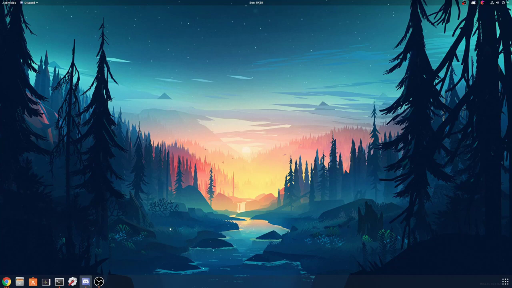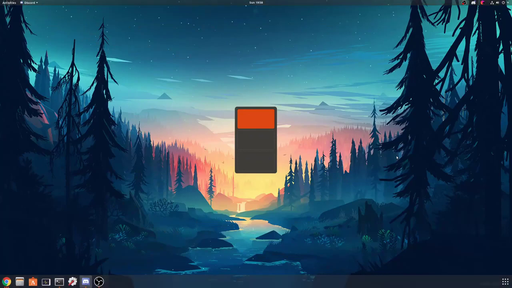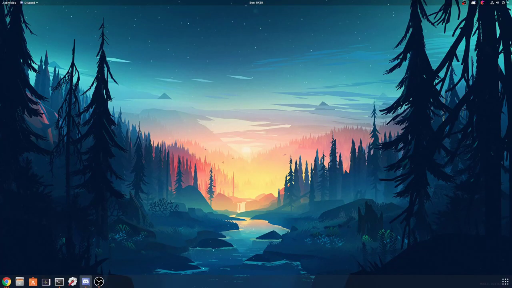On OBS, you can increase the volume of your mic. I don't know, I've just decided to move the microphone closer to my mouth.